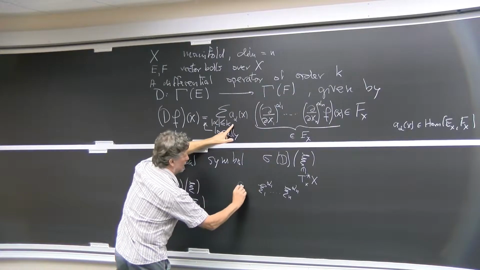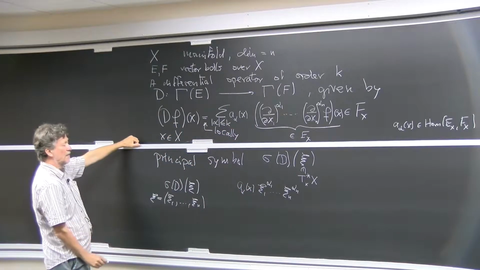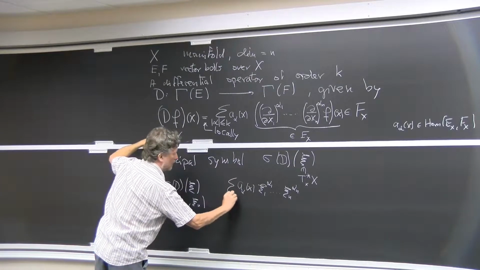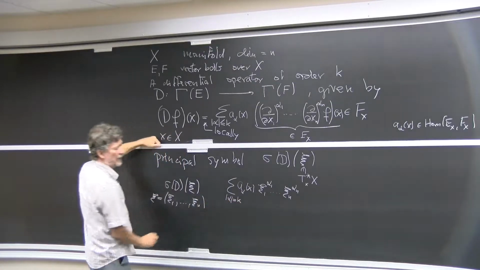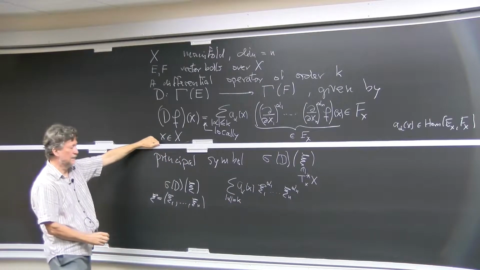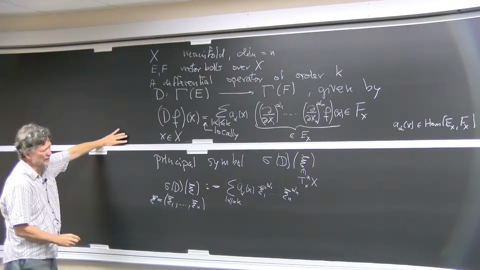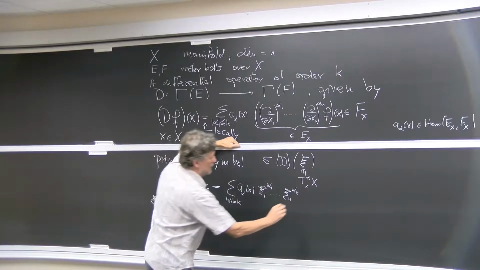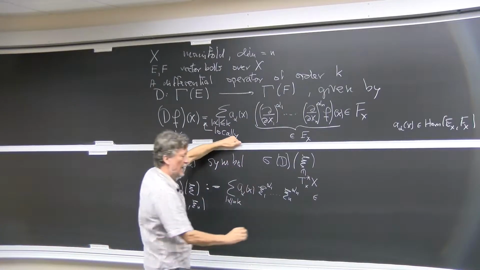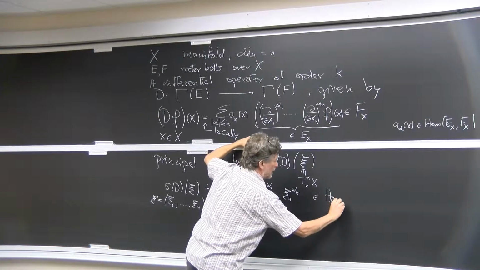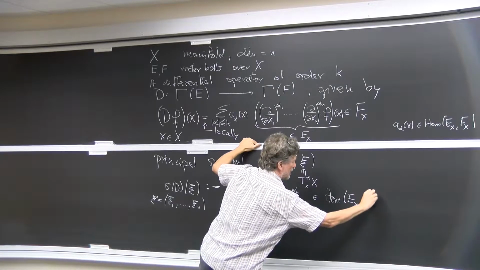But then I put in the A_alpha of x and sum up, but I sum only over those top components, meaning where the multi-index has length k. And that is, by definition, this thing. Where does it live? Well, as before, it lives in wherever that thing lives. So it's a linear map from the fiber E_x to the fiber F_x.